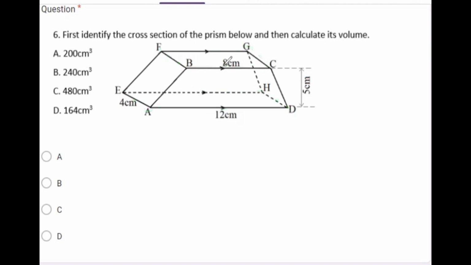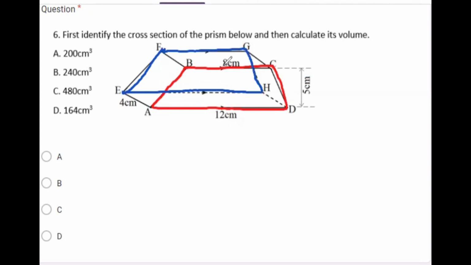Now, what can we recognize as the cross section of this prism? Let us look at this trapezium here, that is ABCD, and the other trapezium in front, or the one at the back.